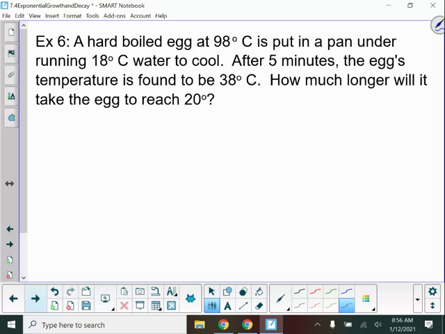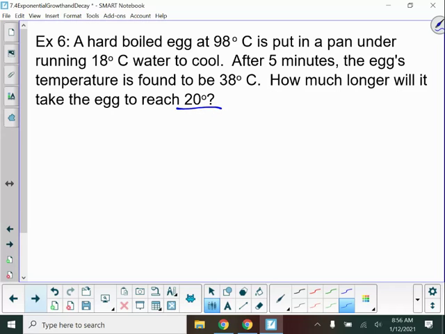How much longer will it take the egg to reach 20 degrees? Our goal is to find a time, but just like with the other questions, they don't give us the value of K. We need to know the value of K in order to figure out the time to reach the 20 degrees.